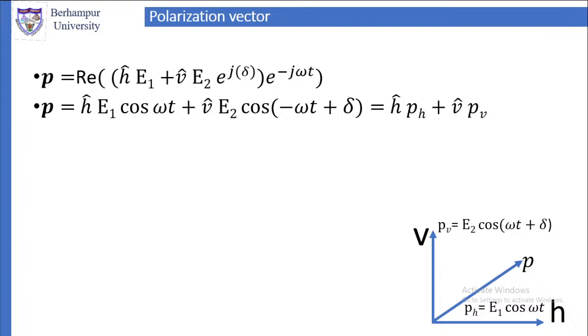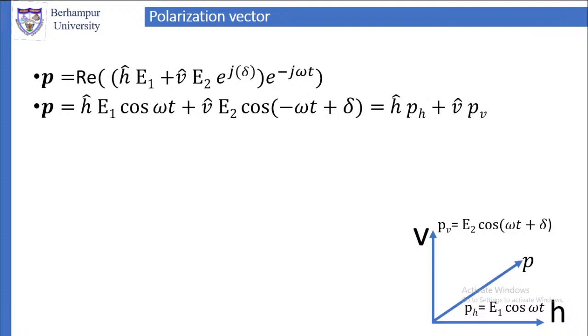That is equal to exponential j of minus omega t plus delta. Real part of it is cos of minus omega t plus delta. So this will be v cap into E2 into cos of minus omega t plus delta.